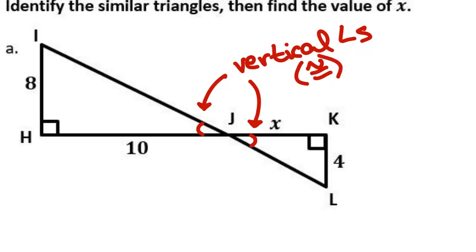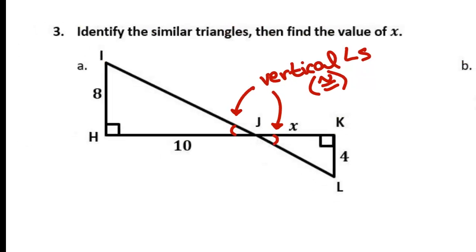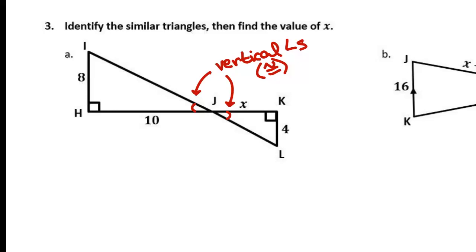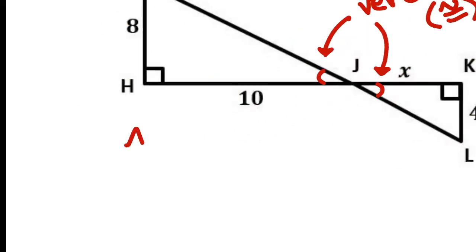Is that enough for me to say these two triangles are similar? Yes, using which postulate? AA. We've got our vertical angles that are congruent, and then two 90-degree angles, one on each triangle. So the triangles are similar by angle-angle similarity.